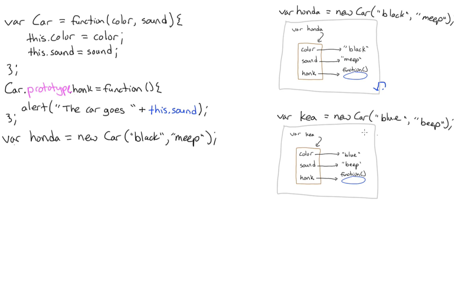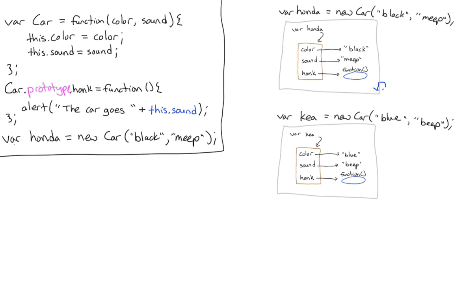Now, if we were to diagram this part, what we're going to do is go through it step by step as usual. First, we have an assignment, and that assignment is creating a new function.